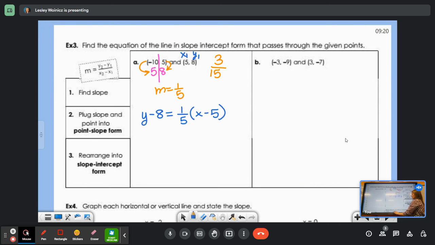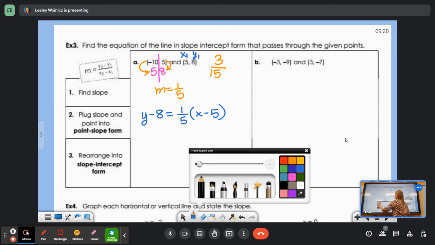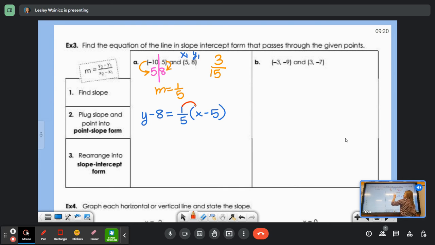Now I have to convert it. So I'm going to distribute that 1/5. So I get y minus 8 equals 1/5 x. What do you think a fifth of negative 5 is? Negative 1. Okay, add 8 to both sides.